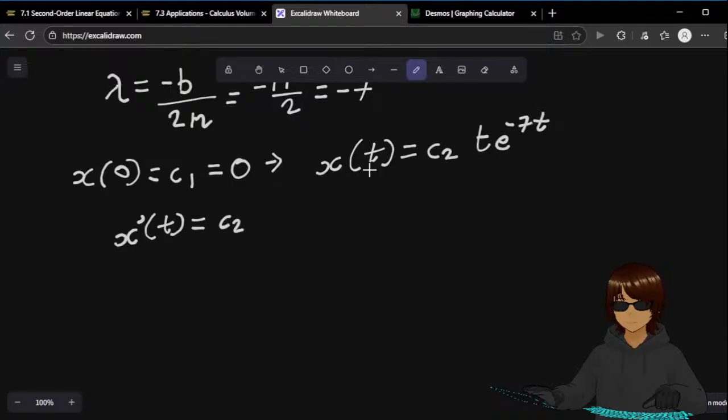I'll take c2 out and differentiate this: derivative of the first times the second plus the first times the derivative of the second.